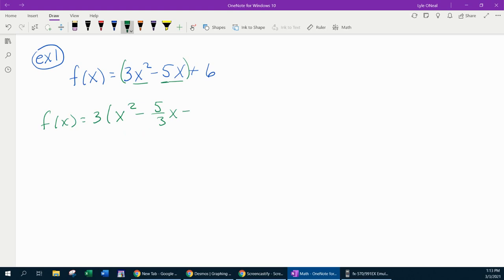We are going to have to add a constant that will complete the square, so we're just going to leave that space blank for the time being. The plus 6 carries down outside the parentheses.